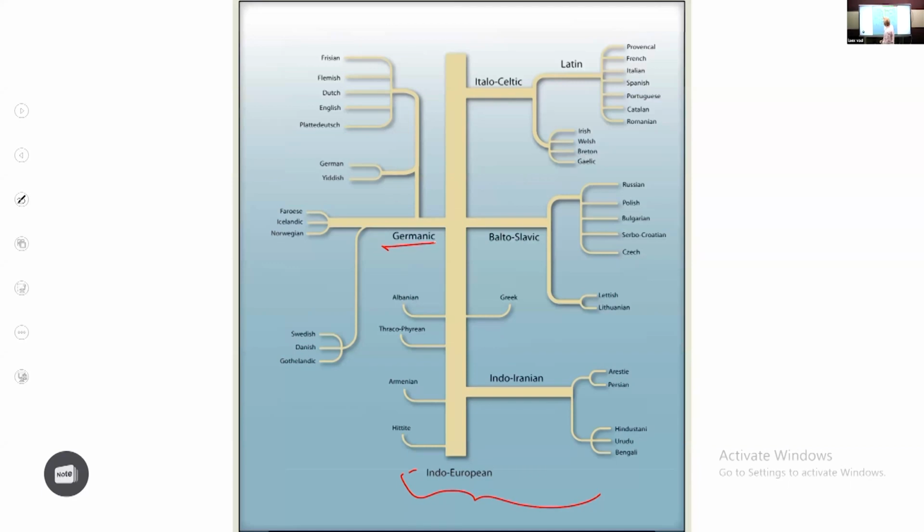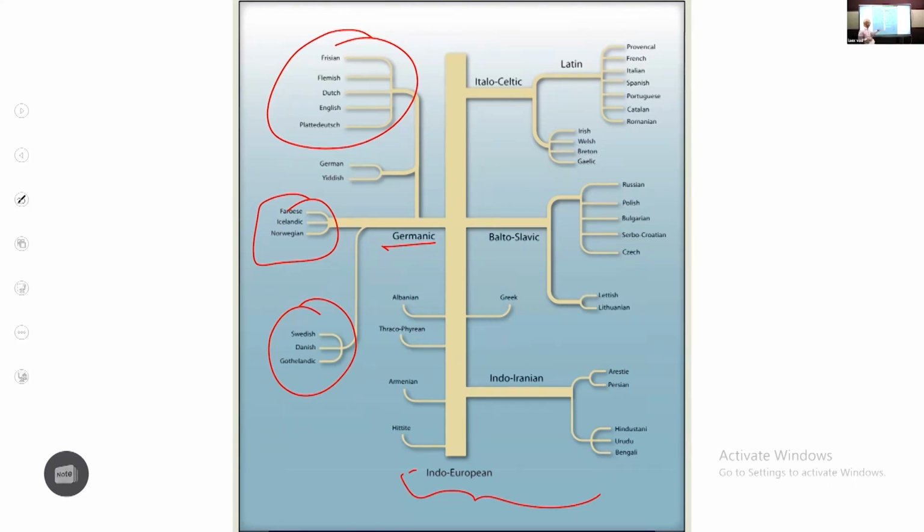Within Germanic, you can break them down into Scandinavian. These are examples of Scandinavian. And then English, Dutch, Flemish, they are another family. Likewise, here, Hindustani, Urdu, and Bengali are part of the Indo-Iranian branch. So if you take all the world languages and organize them based on their structure, you get this kind of a tree.